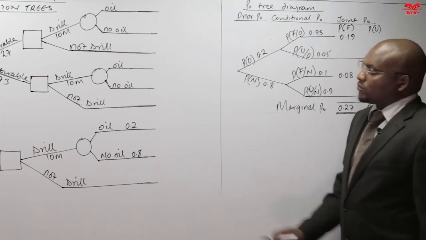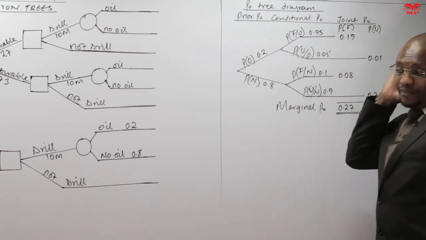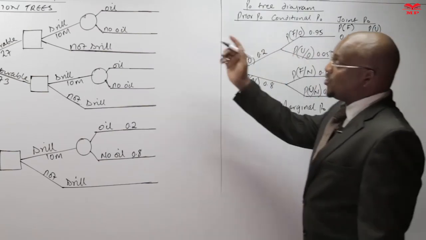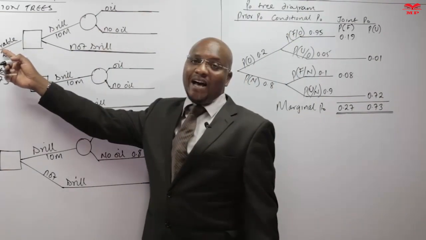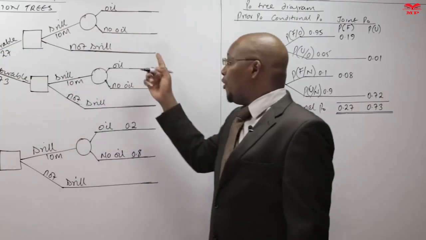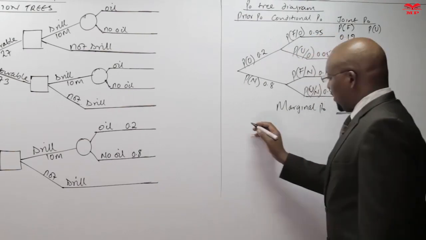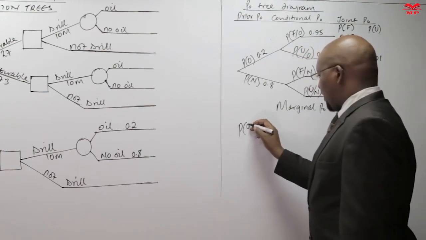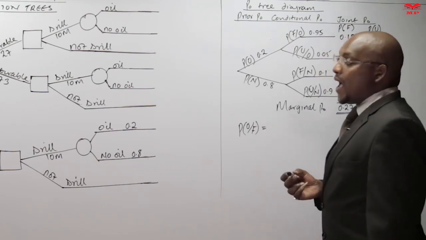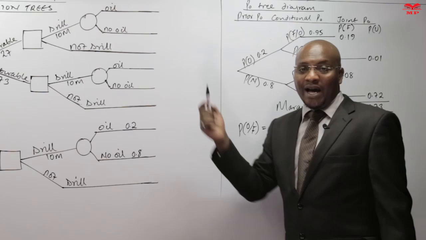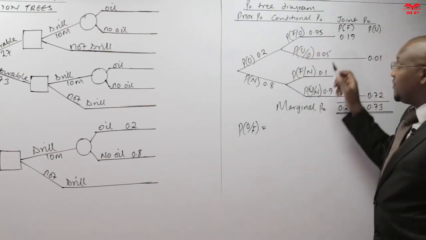Then, when you come to this outcome, which is oil or no oil, it is clear that the first one here is oil, yes, but given the report is favorable. Because we have another oil, given the report is unfavorable. So we can have them here, probability of oil given the report is favorable. As much as it is in the favorable branch, when it comes to the tree diagram, we use the favorable column.